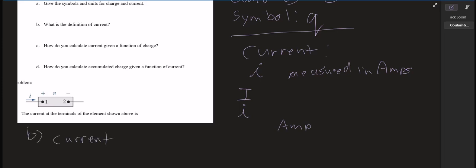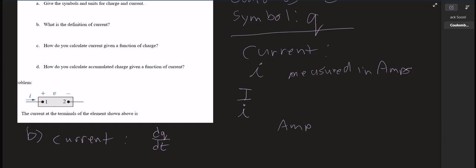Charge per unit time. Yeah, and what does that mean? So we had that it's dq dt, or the derivative of charge with respect to time. And what does that mean? Is charge just popping up and going away? How do you have charge per unit time? How does that make any sense? It's the flow of electrons, right? Well, the flow of any kind of charge, any charge carriers.